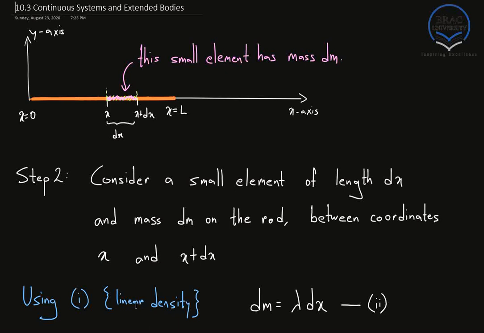Using the linear density formula from 1, the mass of this small element is the density times the length of this small element. So we have dm equal to lambda dx. So dm is a small element at coordinate x, and it's got mass dm equal to lambda dx.